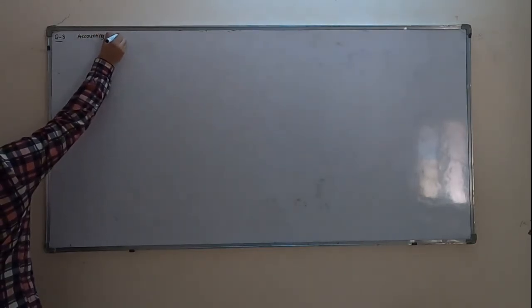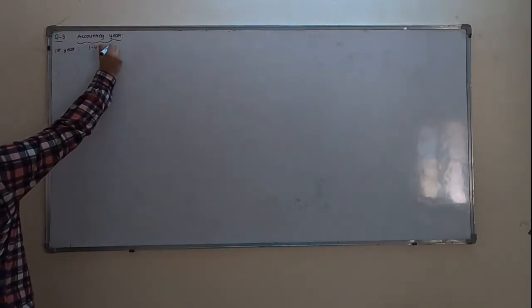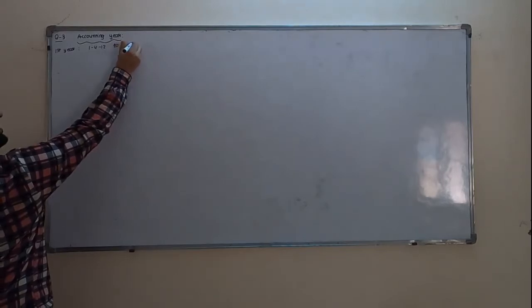The sums exactly start from today. So this is question number 3. We start our sum by writing the accounting years. First year will start from 1/4/12 and end on 31/3/13.